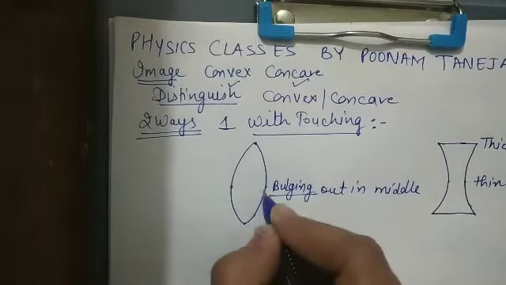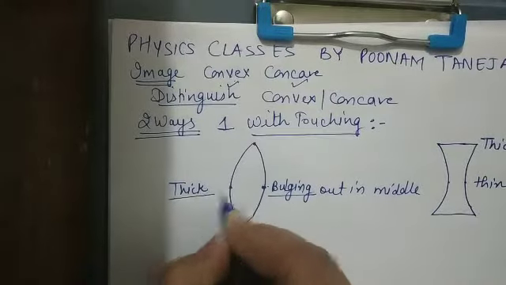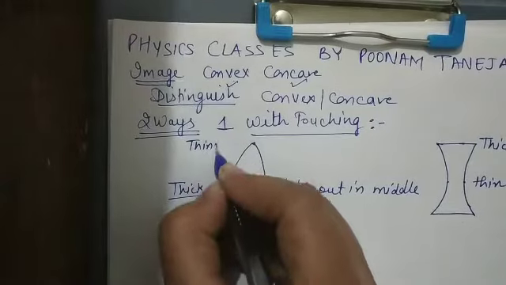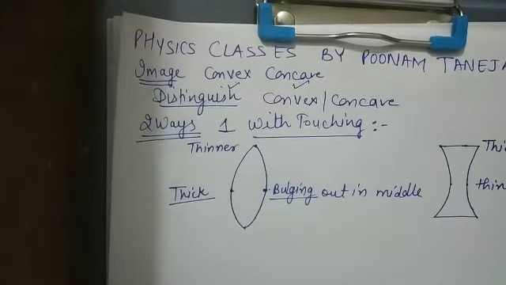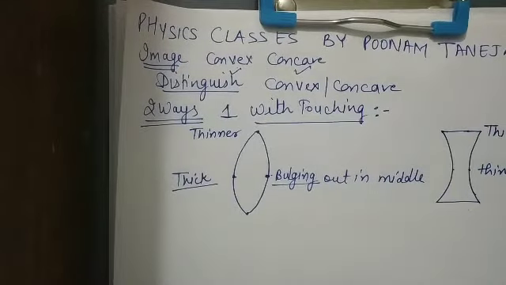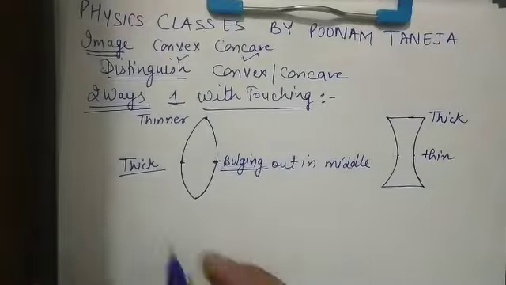But about convex lens, it is thick at the middle and comparatively it is thinner at the edges. So by touching the surfaces of the given lenses, we can distinguish between convex as well as concave lens.